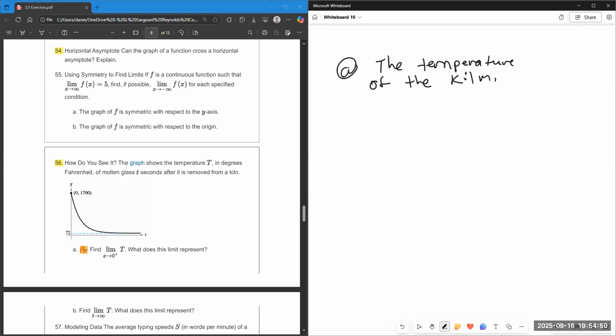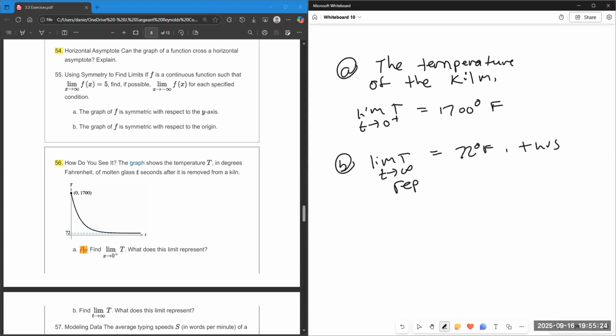The limit of capital T as t approaches 0 from the right is equal to 1700 degrees F. Part B, what does the limit as t approaches infinity of capital T represent? It's going to equal 72 degrees F, and this represents room temperature.